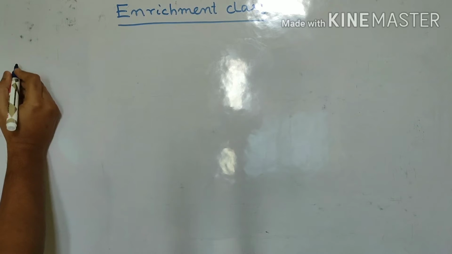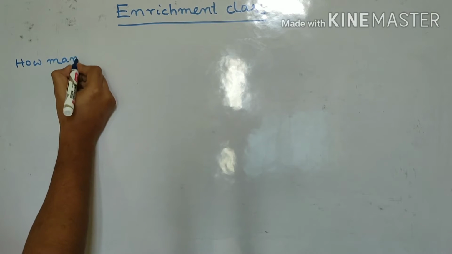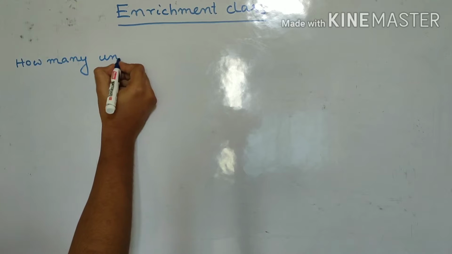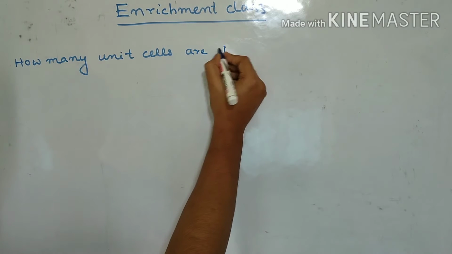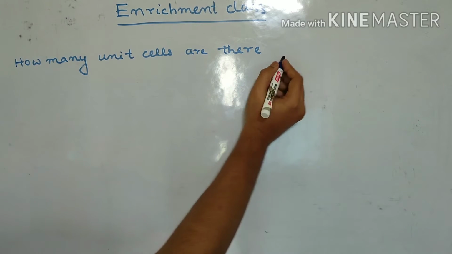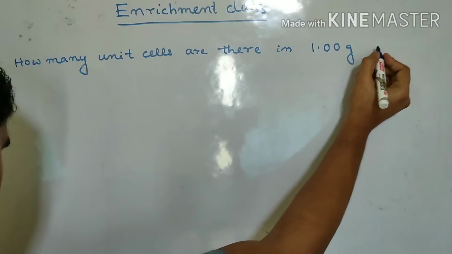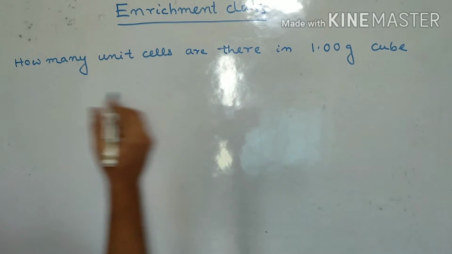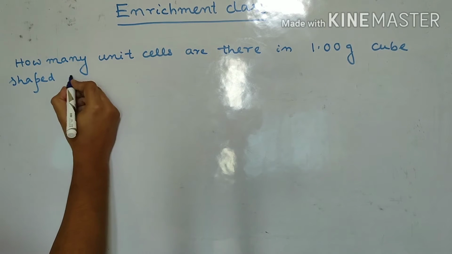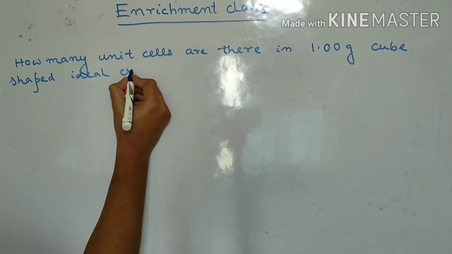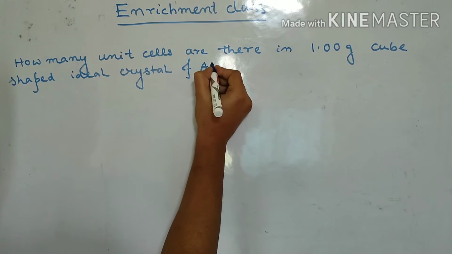The first question is, how many unit cells are there in 1 gram cube shaped ideal crystal of AB.